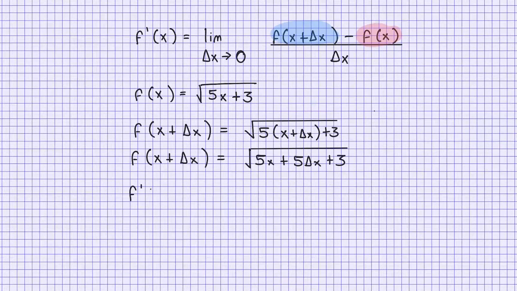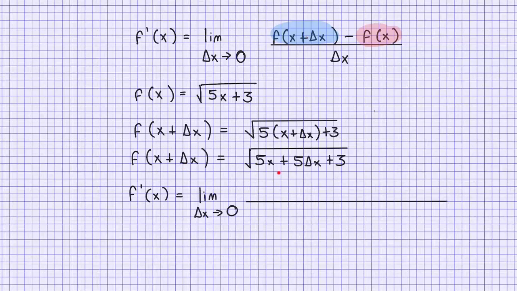So the slope will be the limit when delta x tends to 0. Big fraction here of f of x plus delta x, which in this case is this.